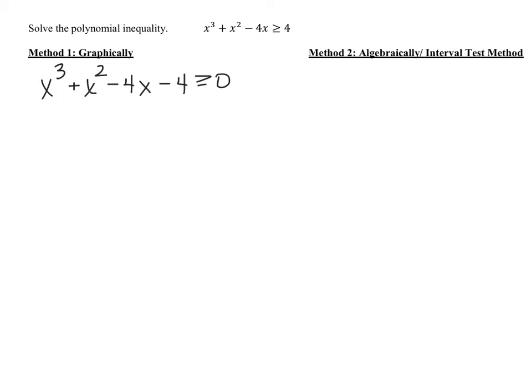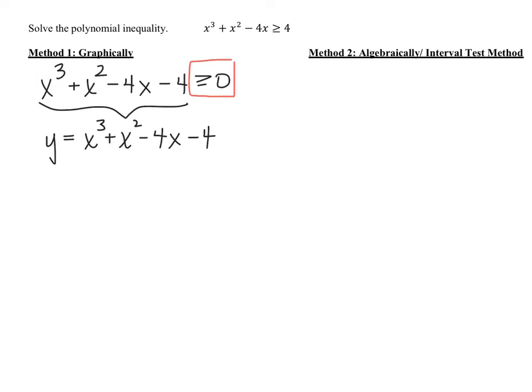Now we're going to look at the left-hand side, this expression, and we're going to treat this as a polynomial function. So we're thinking about visualizing what the graph of y equals x cubed plus x squared minus 4x minus 4 looks like. And then once we have the graph, we're taking a look at the part of the graph that is greater than or equal to 0.